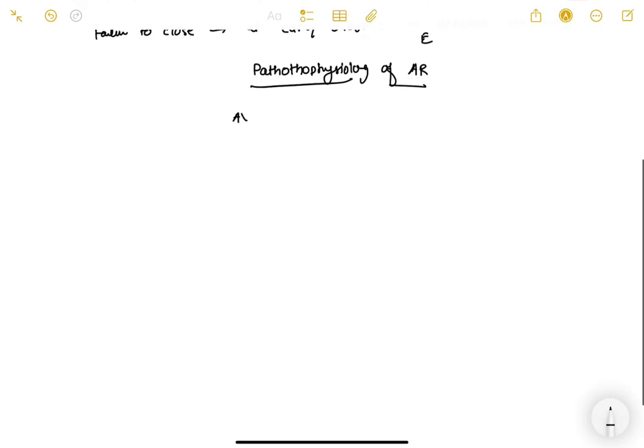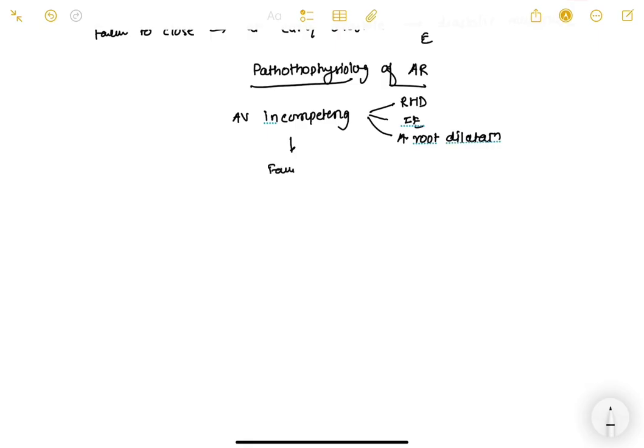Whenever there is aortic valve incompetence due to anything, either from RHD, or from infective endocarditis, or from aortic root dilatation, there is failure of the aortic valve to close in diastole.